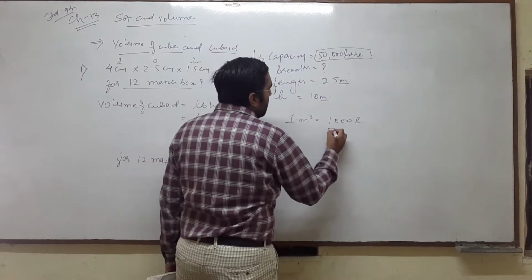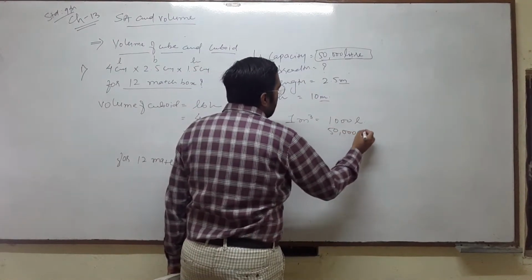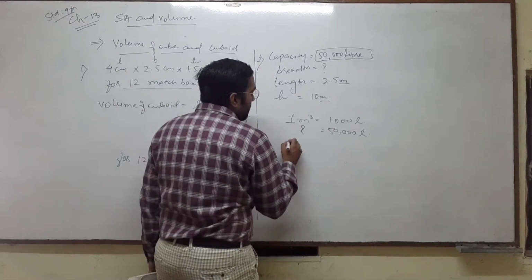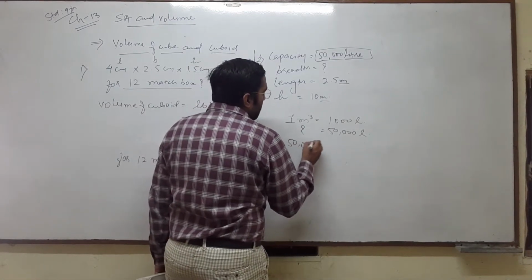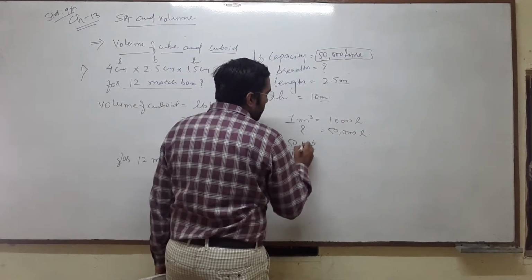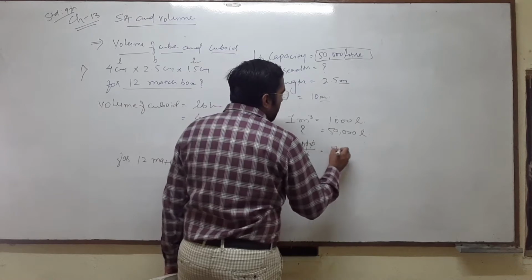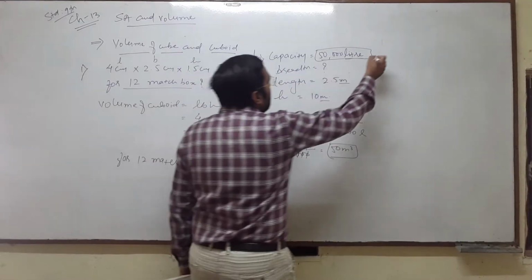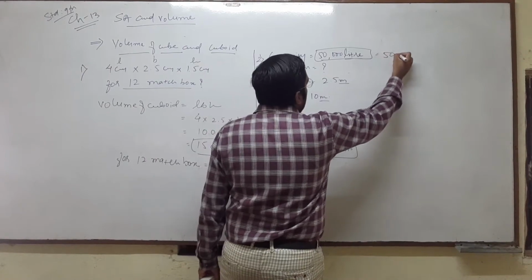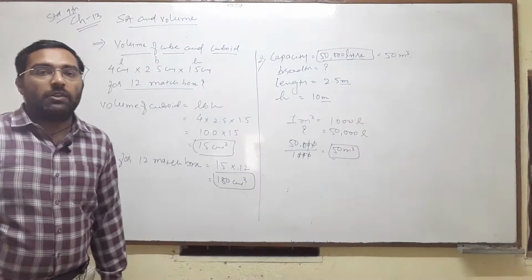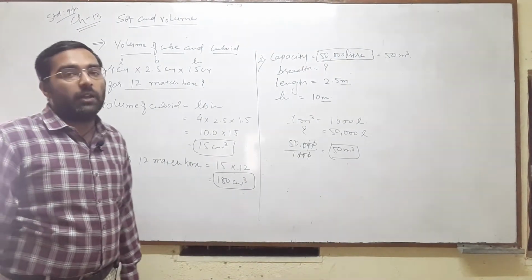Now for 50,000 liter, how much is it in meter cube? That is 50,000 divided by 1000. The zeros cancel out, therefore 50 meter cube is my volume for the tank.